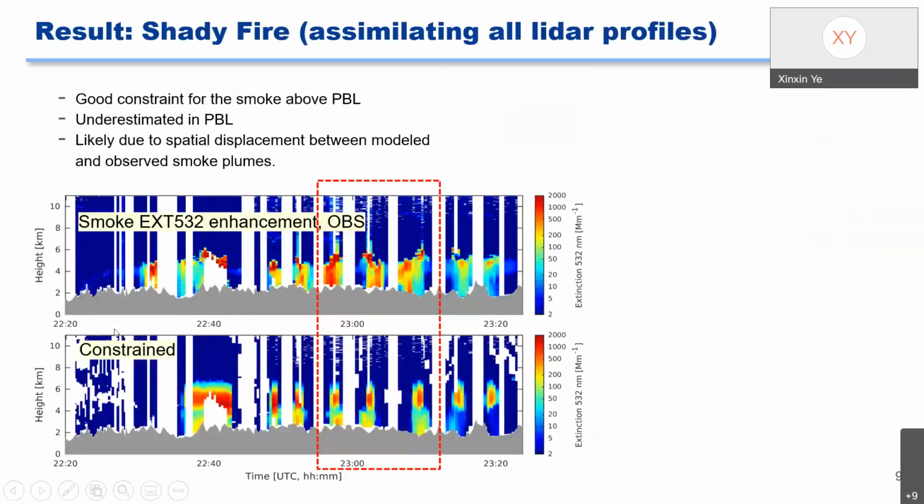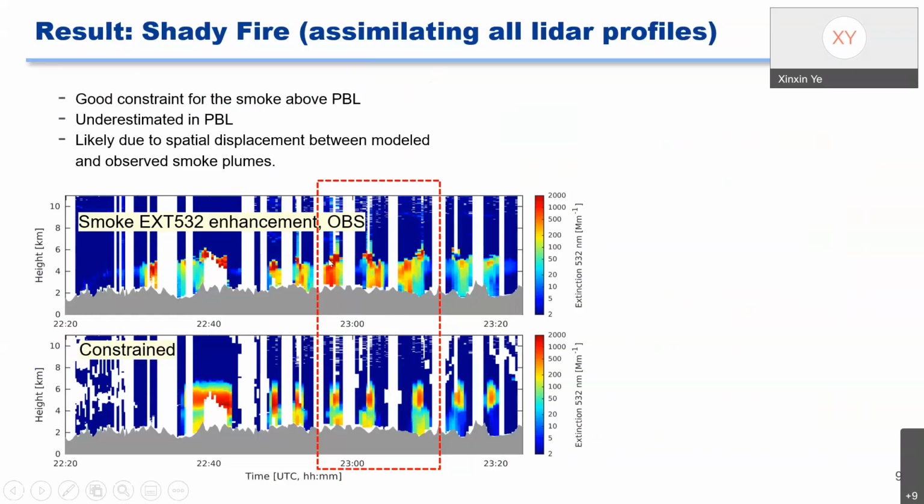After using the inversions, we first tested the simulation using all the individual LiDAR profiles. We found that there is a problem in this case, because when the plume is shifted between the modeled plume and the observed plume, there would be some issue. For example, in these 2 panels, I'm showing the observed aerosol extinction enhancement and the constrained results.